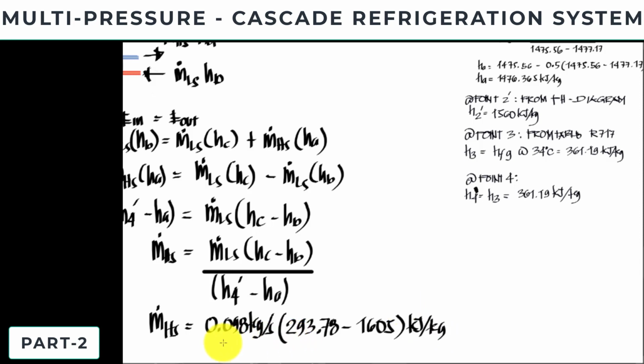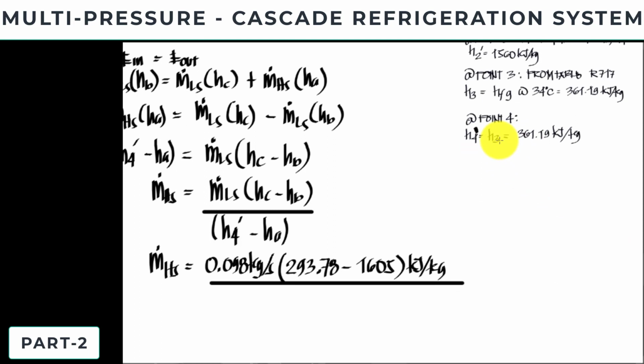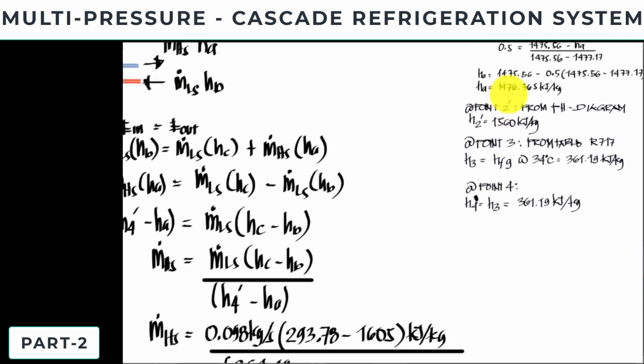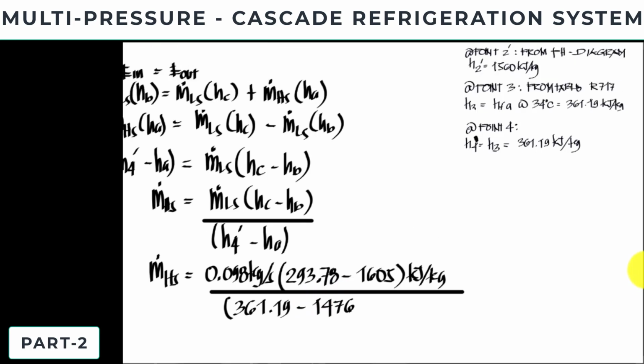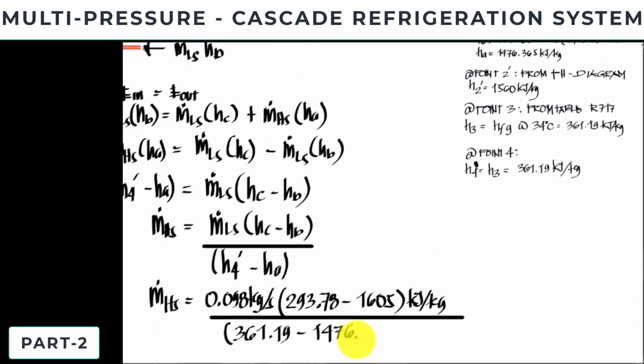Now, all over, value ng enthalpy 4 prime, we have this one. So this is 361.19 minus value ng enthalpy A, that is 1476.365, so that will be kilojoule per kilogram.